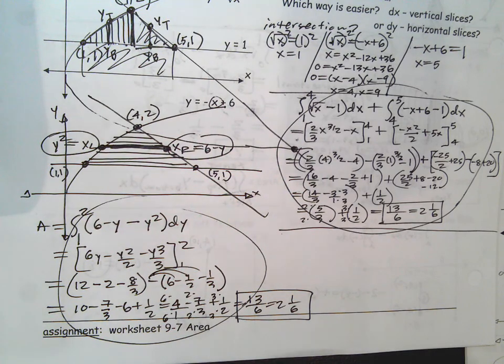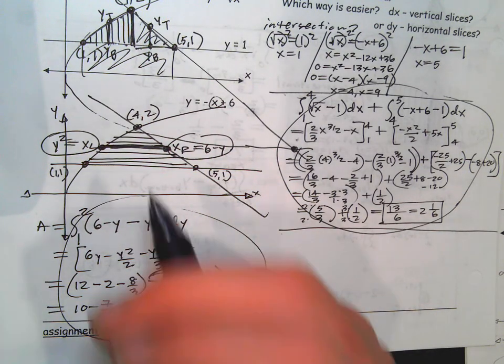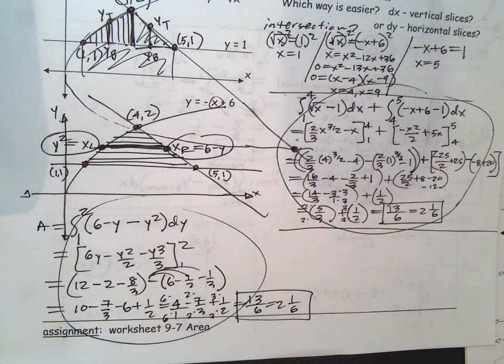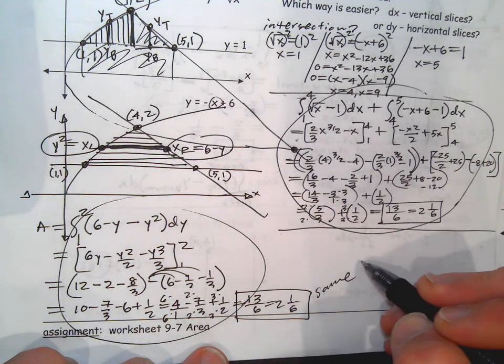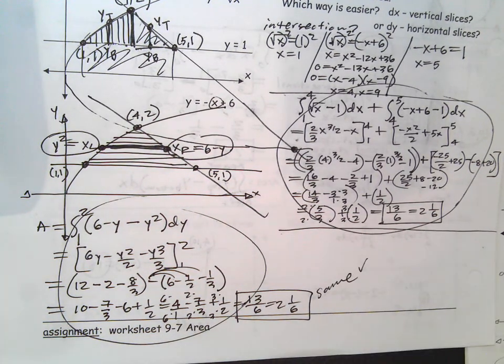So I'm just telling you, there will be times where horizontal slicing is going to be a lot easier than vertical slicing. And then also, there's going to be times where you have to do it with horizontal slicing. It's not even a choice. So we got the same answer, but this is pretty much the last thing from this unit that you need to start working on.